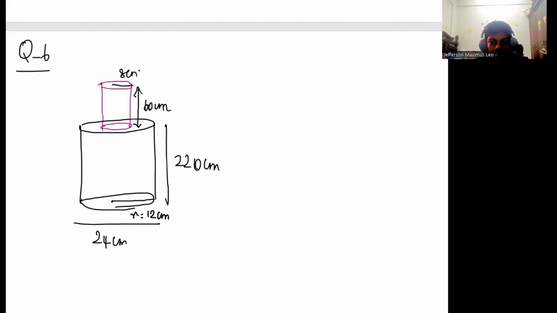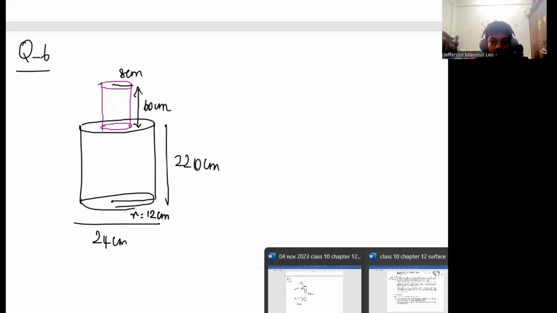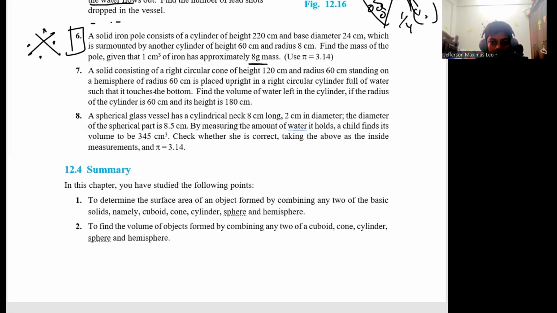Going to the question again: find the mass of the pole, given that 1 centimeter cube of iron has approximately 8 gram mass. என்ன பண்ணலாம் சொல்லுங்க? First என்ன பண்ணணும்?